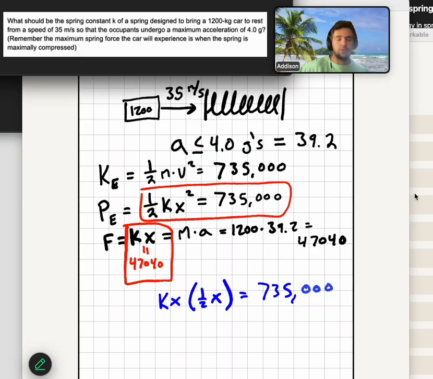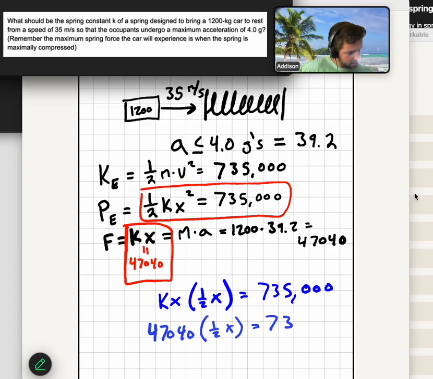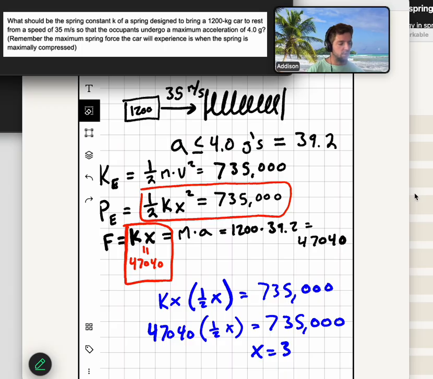And the usefulness of that is that I know what kx is equal to. So now I can substitute for kx: 47,040 times 1/2 x equals 735,000. Okay, so now I just solve that for x, and we get 31.25.